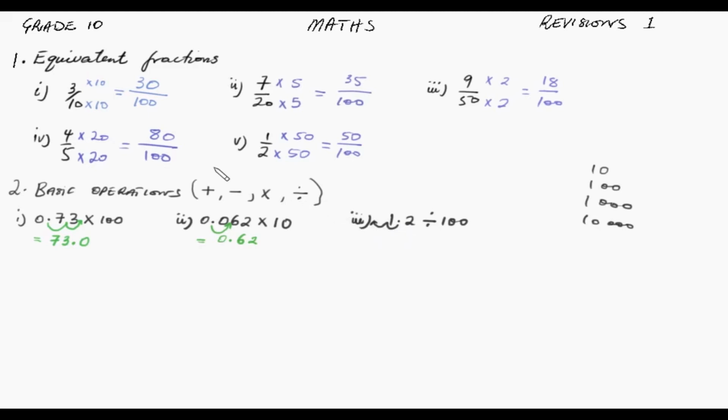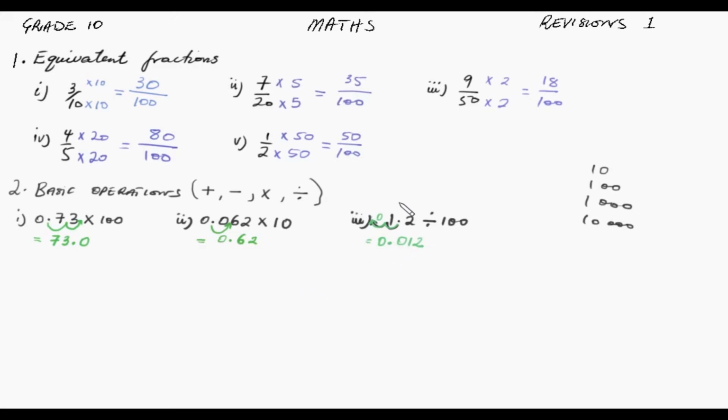It will be somewhere here. Okay, so what do we do? We have moved the decimal point 1, 2 steps. That means it's going to be somewhere here. What do we do for this position? We just place a 0. So we are going to have the answer as 0 point 0 1 2.